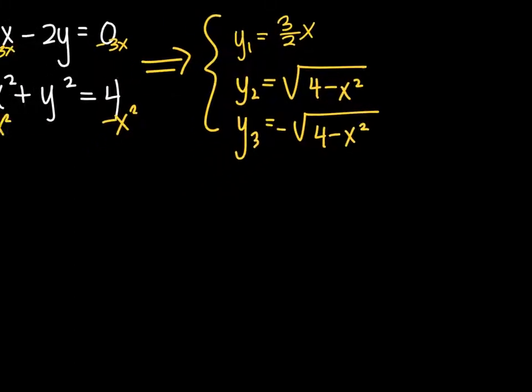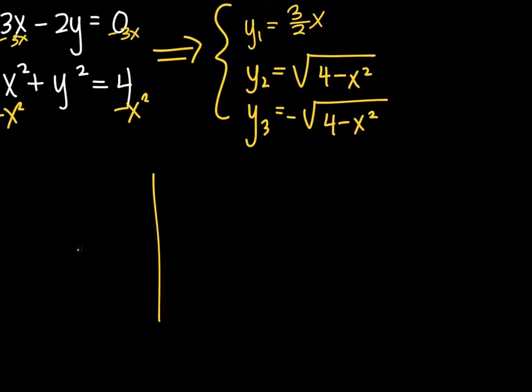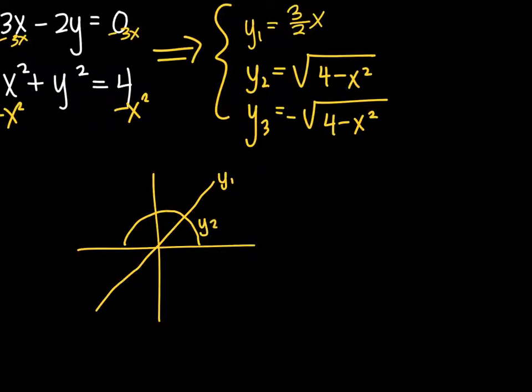All right, so you've copied this onto your paper. We have this line, and which equation does that coordinate with? That's y1. Okay, and then you had this upper semicircle, and which one is that? That is y2 because it's on the top. So this is where y1 and y2 cross each other.